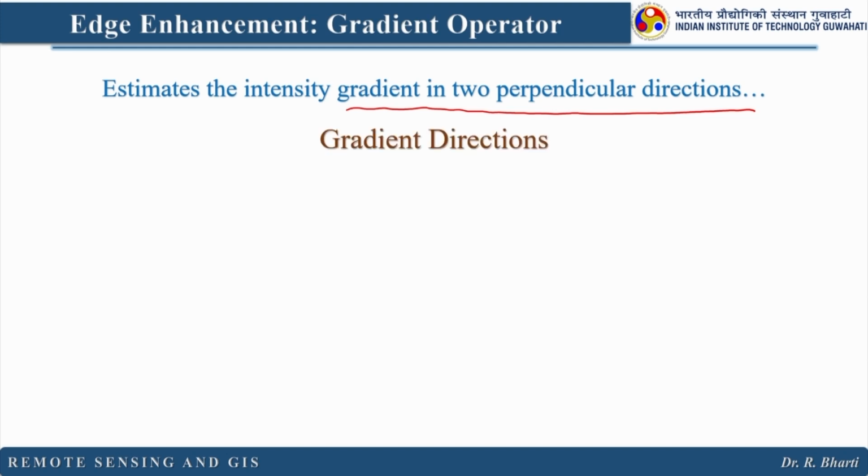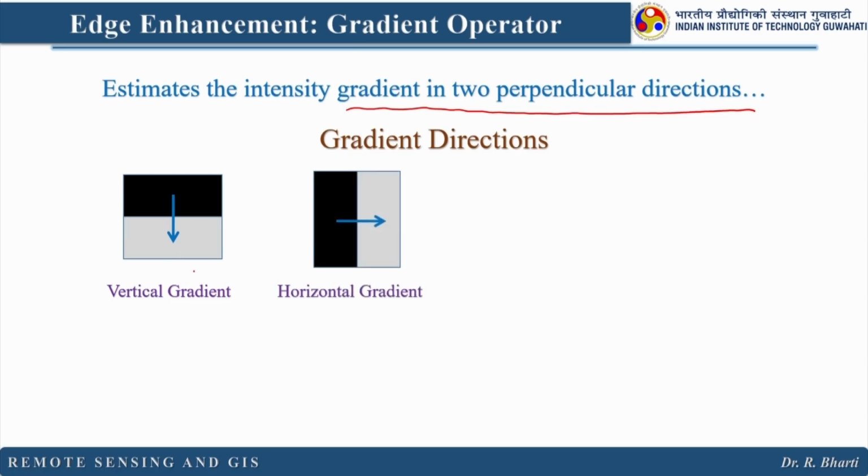So what are the different types of gradient direction? One could be this vertical gradient where the intensity is changing in the vertical direction, right? So you can easily see this one. Then next is the horizontal gradient, the change in the horizontal direction.